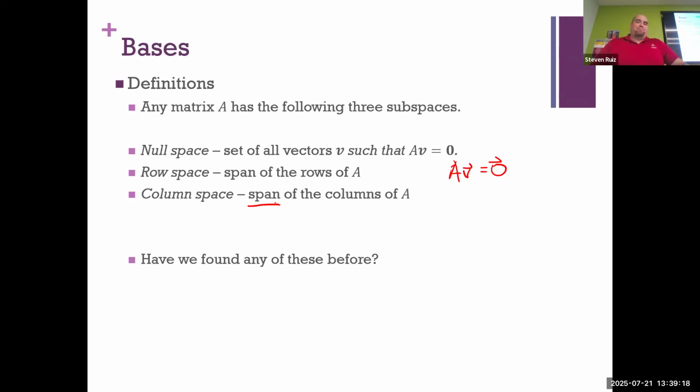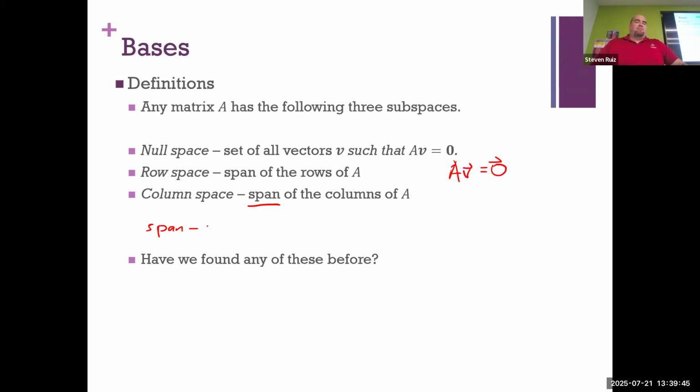What does the span mean? If I talk about a few vectors, what's their span? I heard mumbling. What'd you mumble? Say it louder.